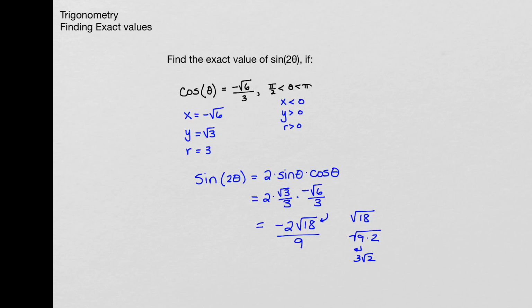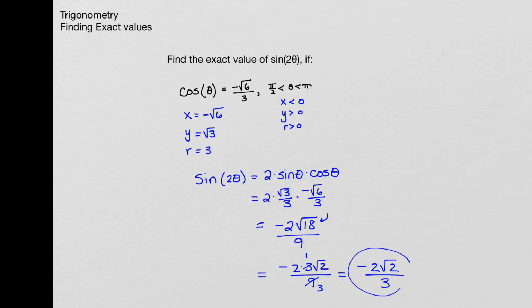So that means that I have negative 2 times 3 square roots of 2 over 9. And then I'll just go ahead and simplify a little. This equals negative 2 times the square root of 2 over 3. Final answer.